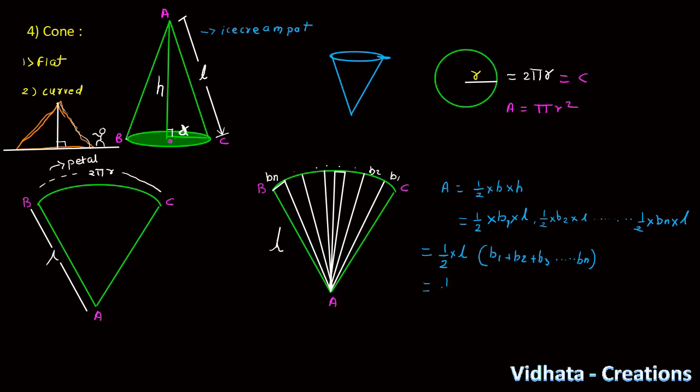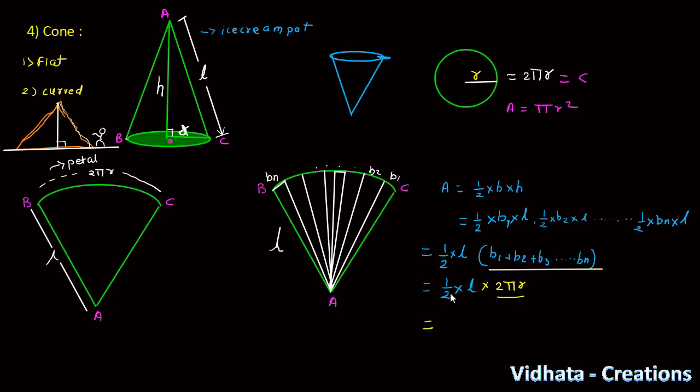That is equal to 1/2 into L, and in place of B1 plus B2 plus B3, we replace it by 2 pi r, multiplied by 2 pi r, because the total of B1, B2, B3 up to Bn, the total length BC, is equal to 2 pi r.